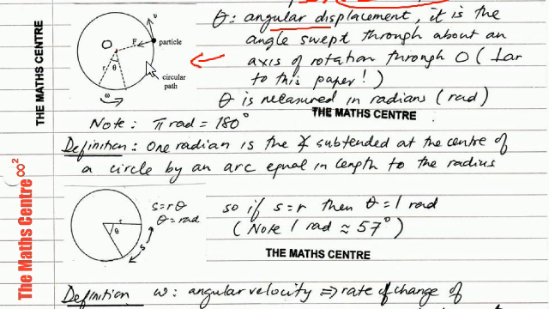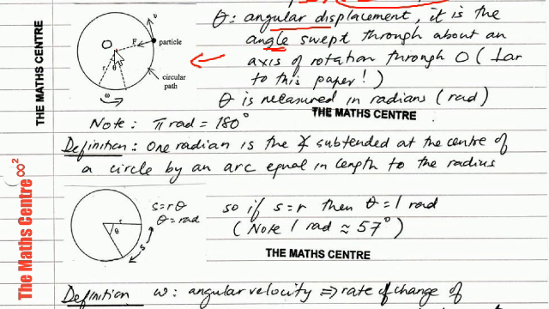Again, it is the angle swept through about an axis of rotation through this center O. Now, theta here, the angular displacement, is measured in radians.